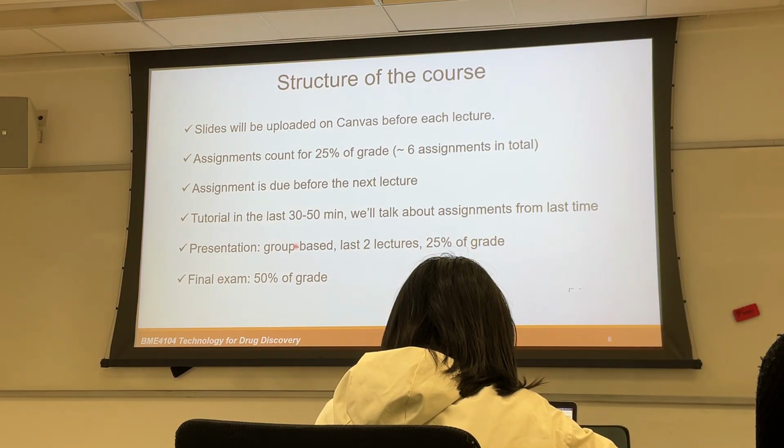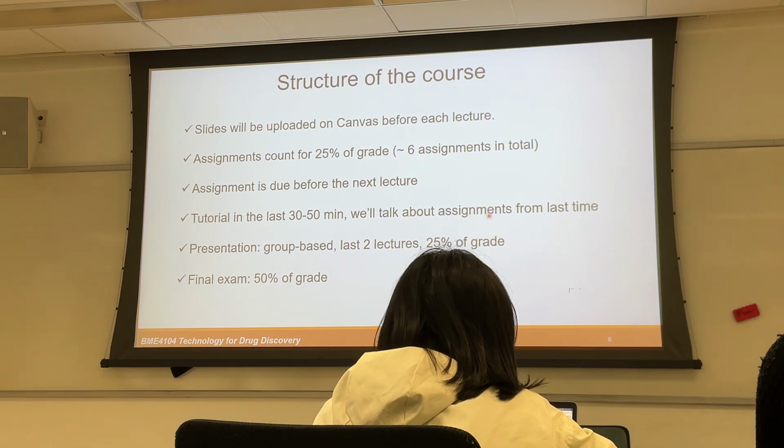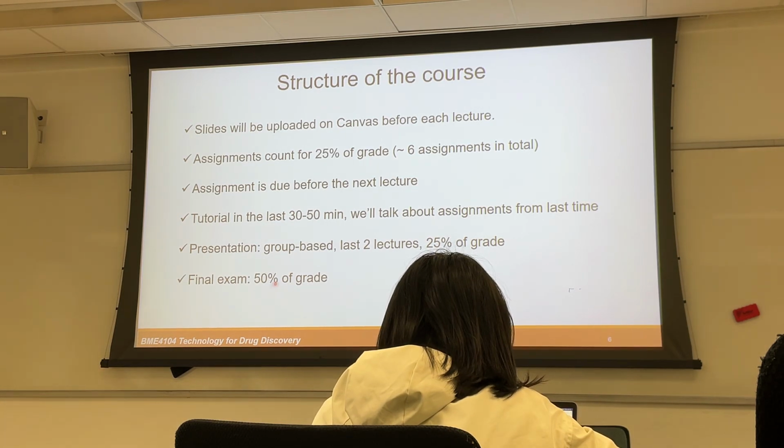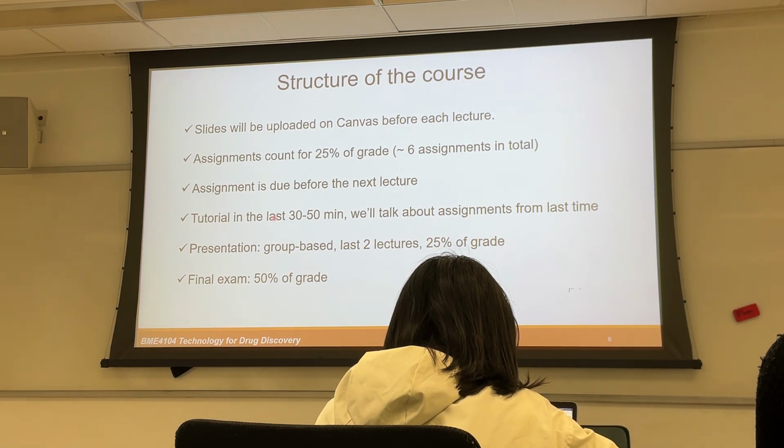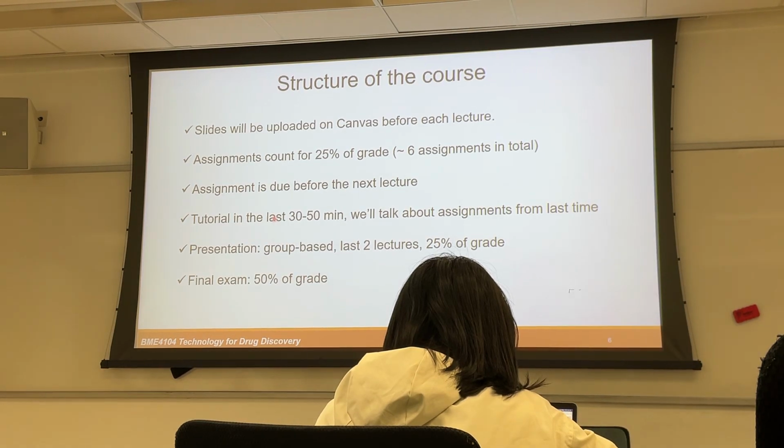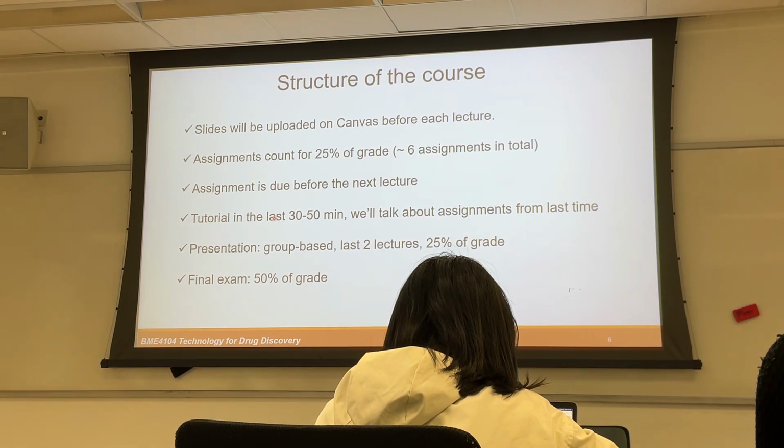One group will give one presentation together, and you'll be graded as a group. We'll decide on that later. This presentation will be 25% of the final grade as well. And then the remaining 50% of the grade is from the final exam, which will all come from the contents that we talked about. All right? Any questions so far?